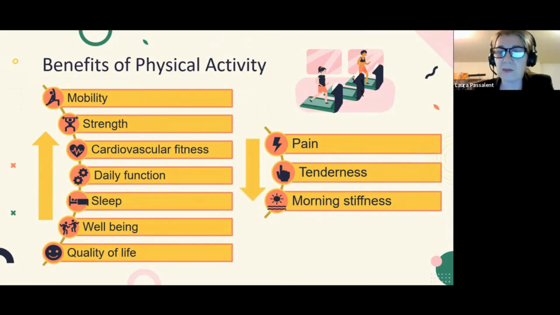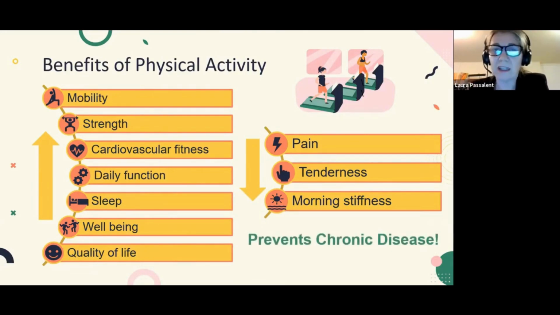But we also see a reduction in pain, tenderness, and morning stiffness. And very importantly, when you engage in physical activity, it helps prevent chronic disease. And this is critical for people with ankylosing spondylitis, as we know that individuals with AS are at higher risk of developing cardiovascular disease.